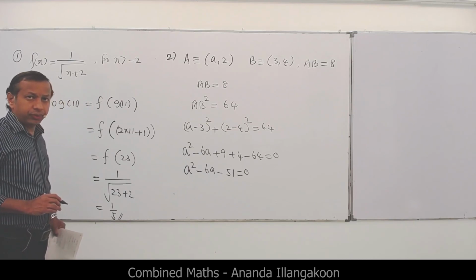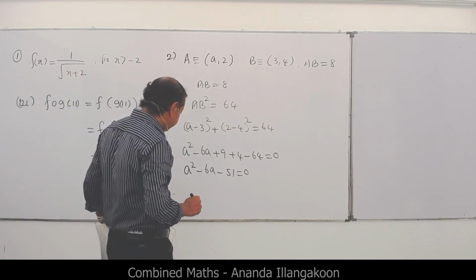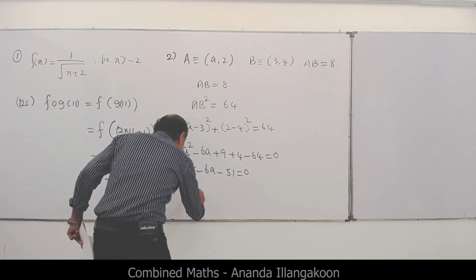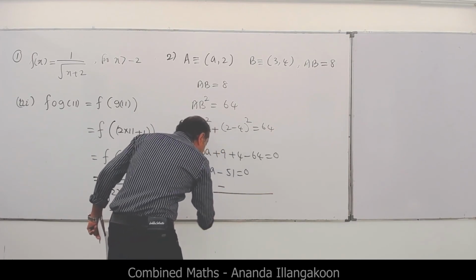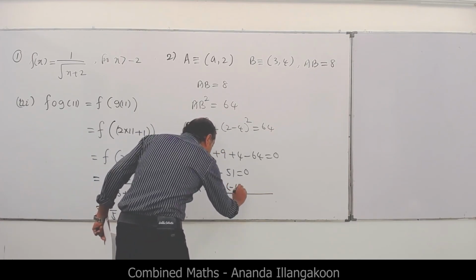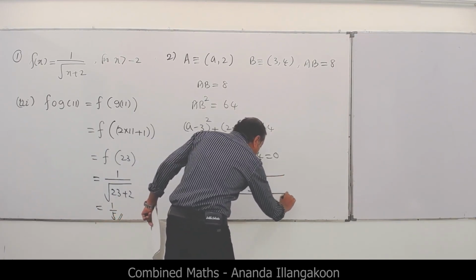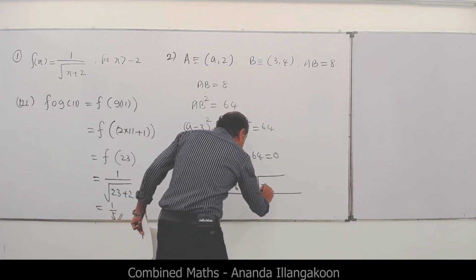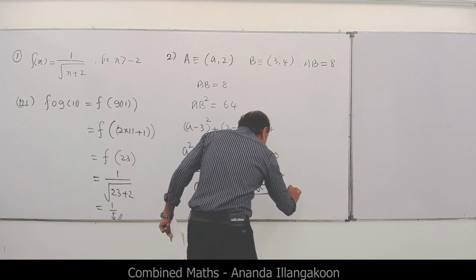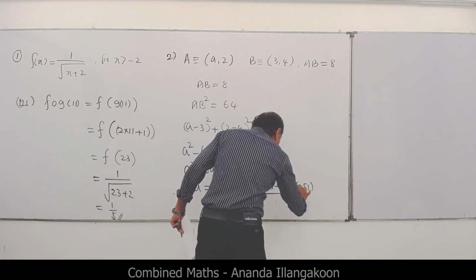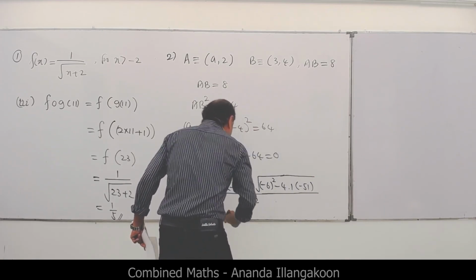We'll find two answers for this a. We can use the quadratic formula. What is the quadratic formula? a equals minus b, b is minus 6, plus or minus square root of b squared, minus 6 perfect squared, minus 4 times a, a is 1, c is minus 51, divided by 2 times 1, which is 2.